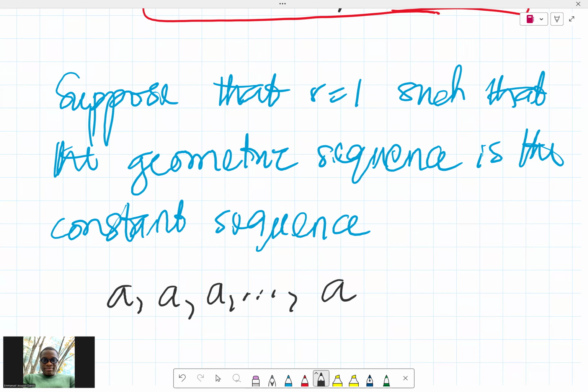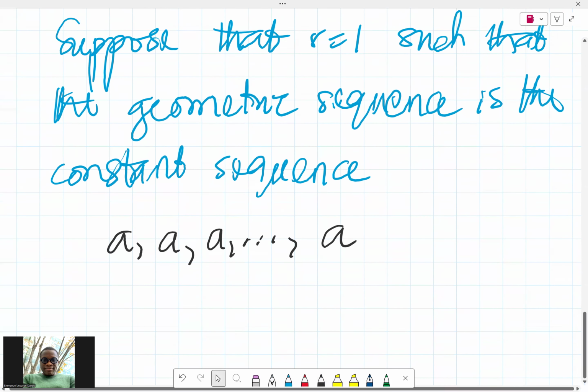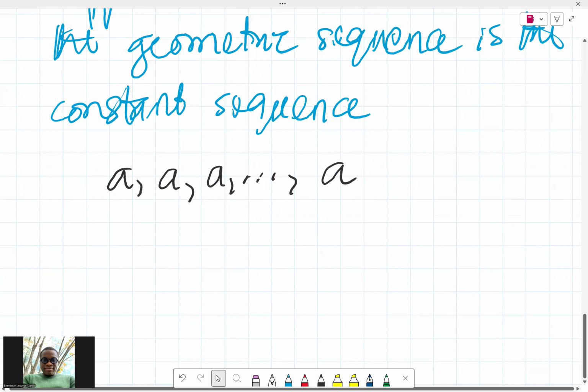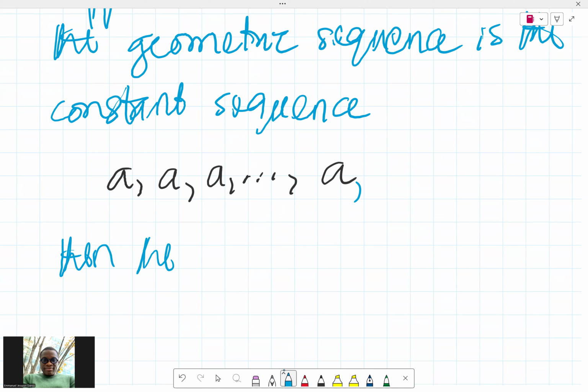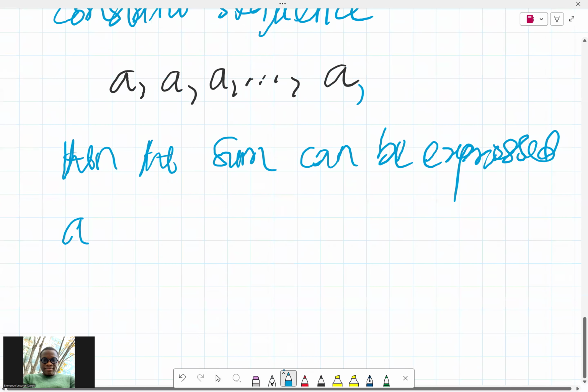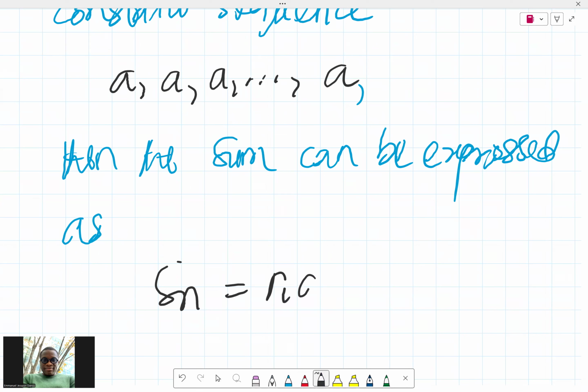So you have n terms of A. Then the sum can be expressed as Sn equals n multiplied by a, because you have a in n places, basically.